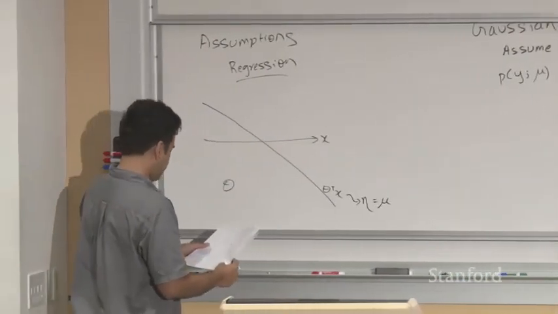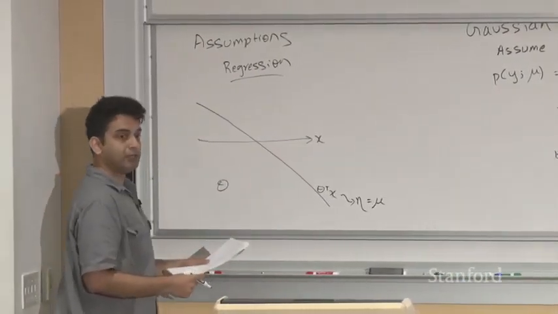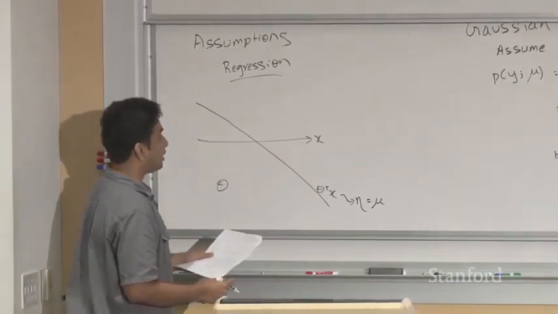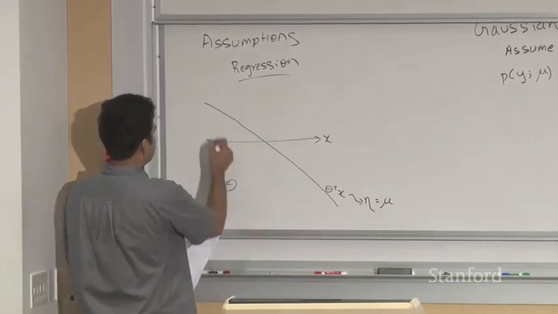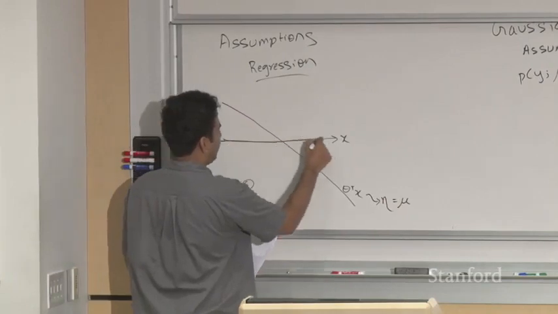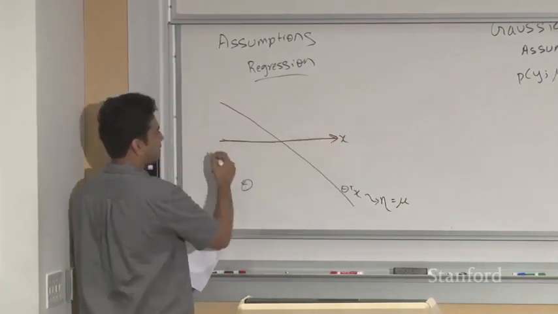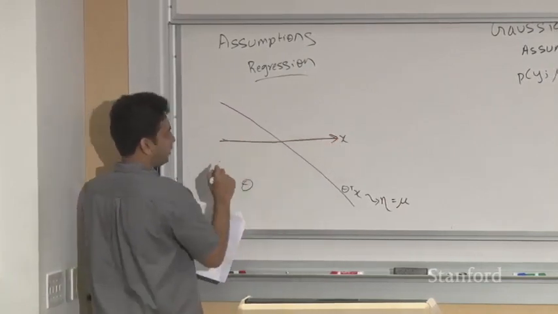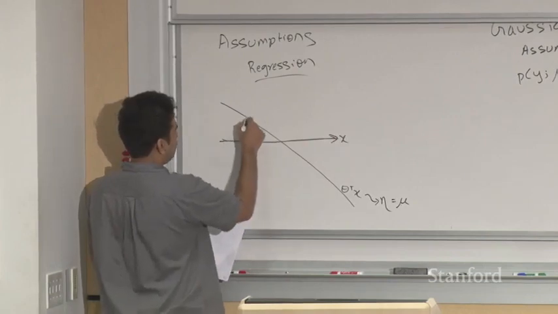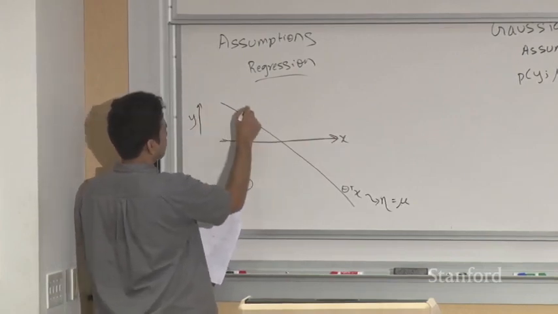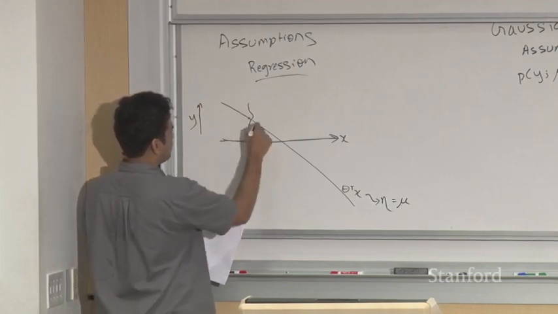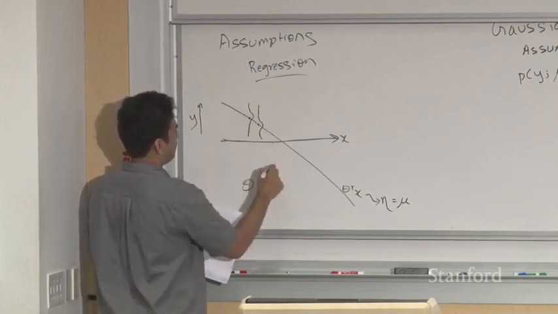And then we are assuming that the y for any given x is distributed as a Gaussian with mu as the mean. Which means for every possible x, you have the appropriate eta, and with this as the mean, let's think of this as y. So there is a Gaussian distribution at every possible x.